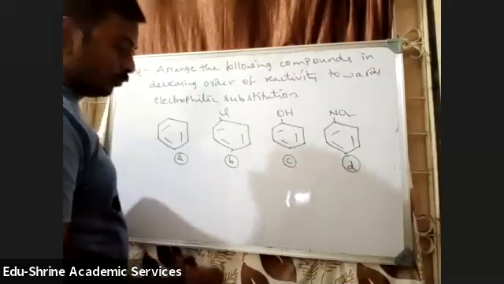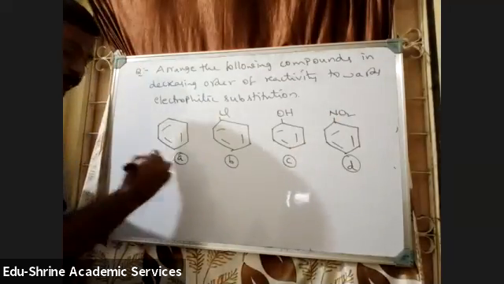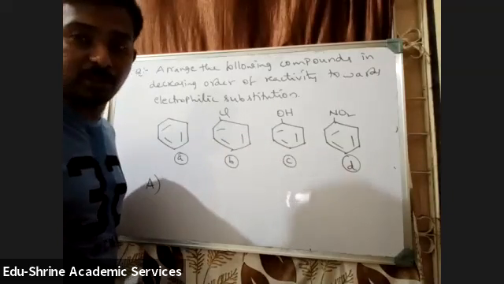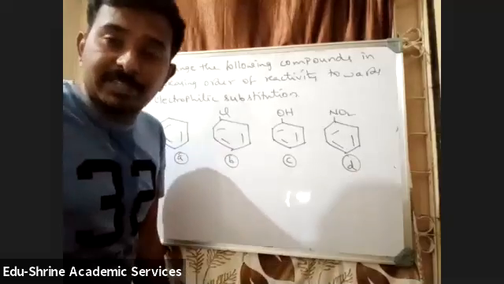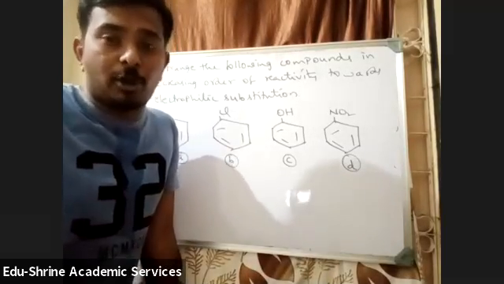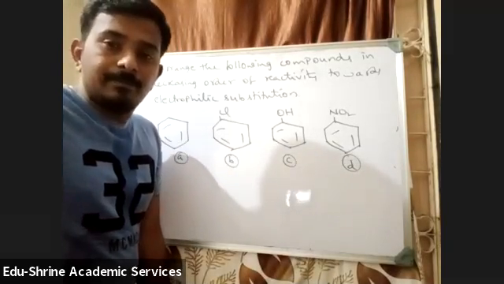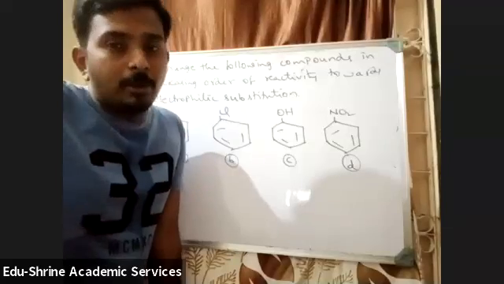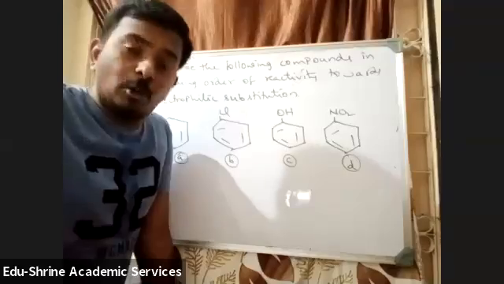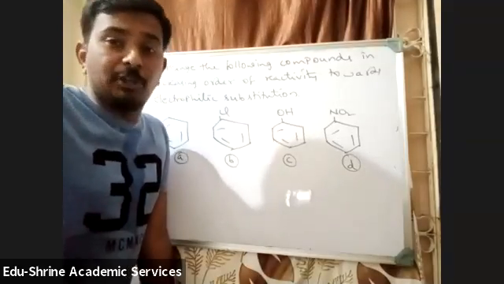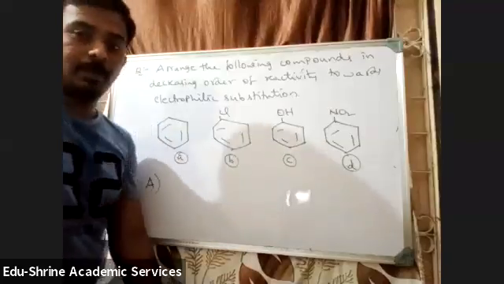Tell me, students, what will be the order of reactivity towards electrophilic substitution reaction of these four compounds? What must be the nature of the groups on the benzene ring? Electron donating or electron withdrawing? Very good. It must be electron donating groups. Electrophilic substitution means electron donating. Nucleophilic substitution means electron withdrawing.